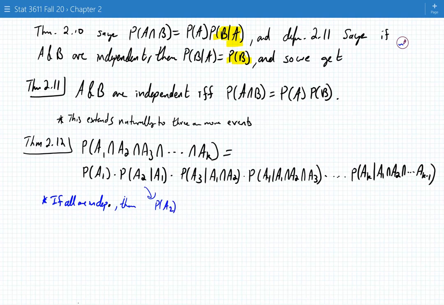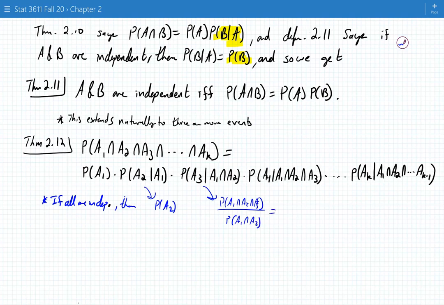Now, independence is a little bit more loose in terms of what we might be comfortable with when you start thinking about A3 given an intersection, right? But just take the true definition of conditional probability. This should be the probability of the intersection of all three of these, A1 intersect A2 intersect A3, divided by the probability of the intersection of A1 and A2.